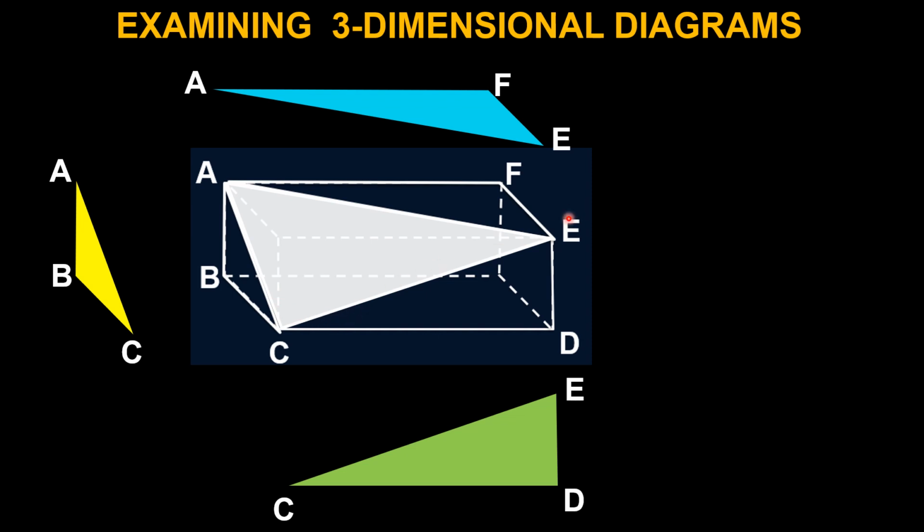And this CE is linked with this CE, so if I have this CE's measurement, I can use it there. The same with AE, which is linked to AE. This is what we're going to do, and if you can manage to separate the triangles, it really will help a lot. Let's look at another diagram after this.